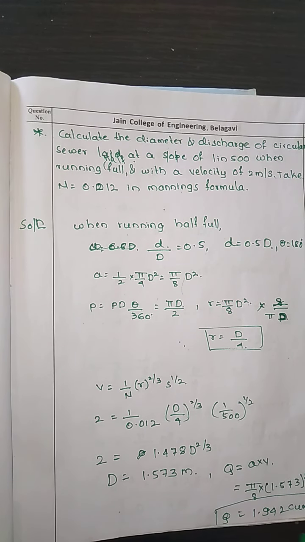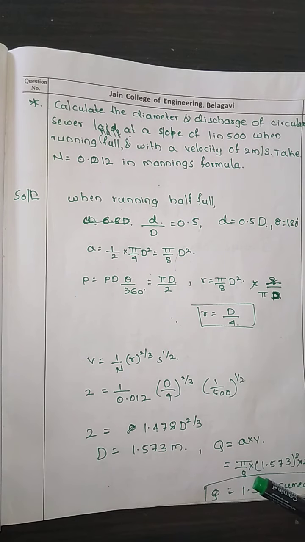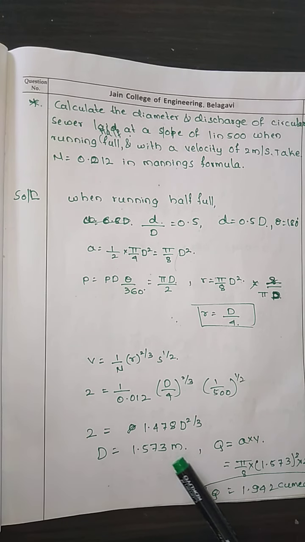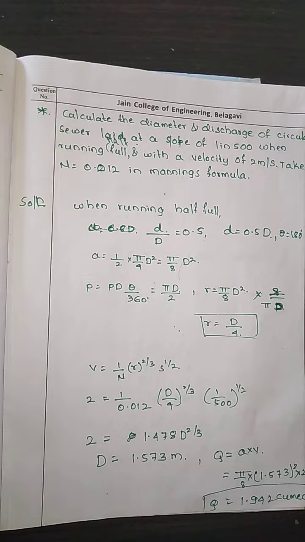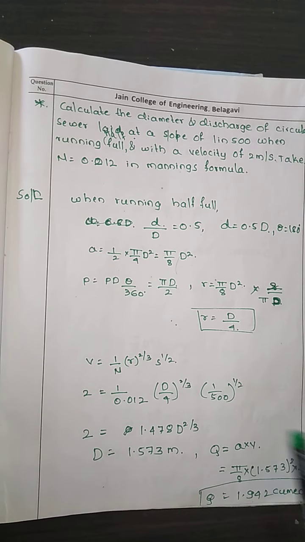And Q is equal to AV, so Q is pi by 8 into D square, D is 1.573, into velocity V is 2. So 2 into pi by 8 into 1.573 square, we are going to get 1.942 as the discharge.